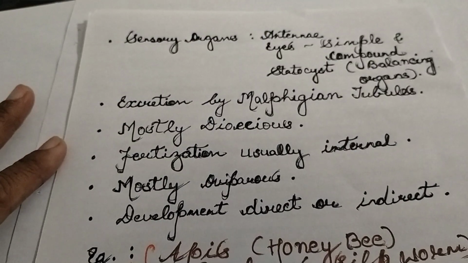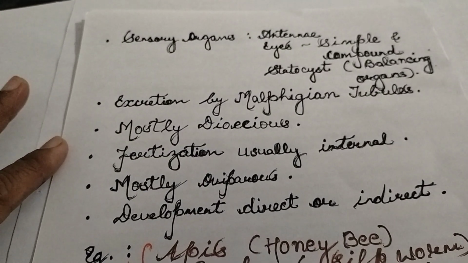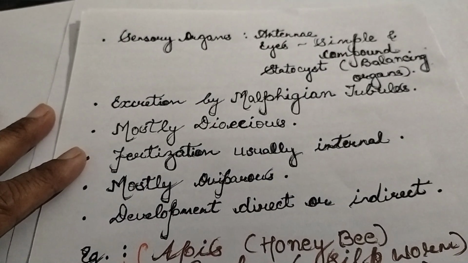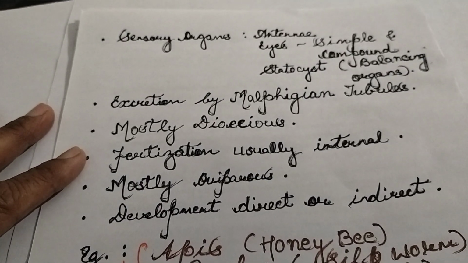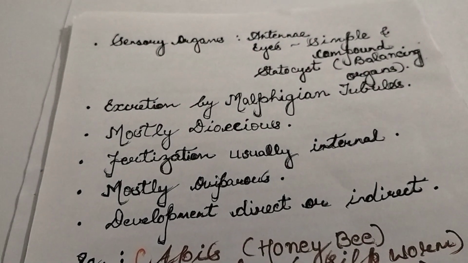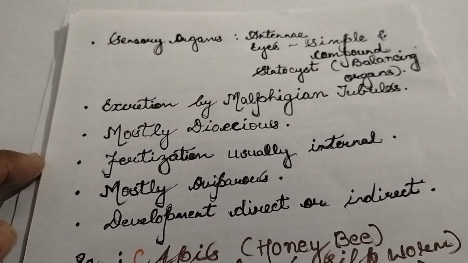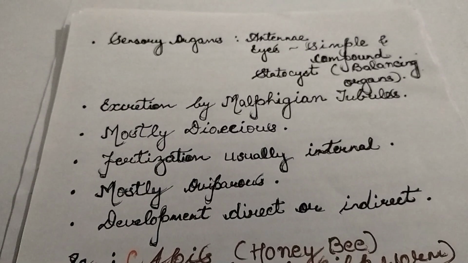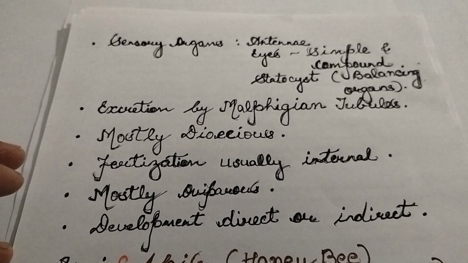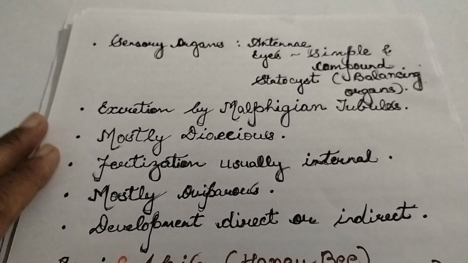Those antennae are their sensory organs. Then their eyes may be simple or compound. They have two kinds of eyes. They may be simple eyes or compound eyes. As I just told you, there is a diverse variety of arthropods or insects.